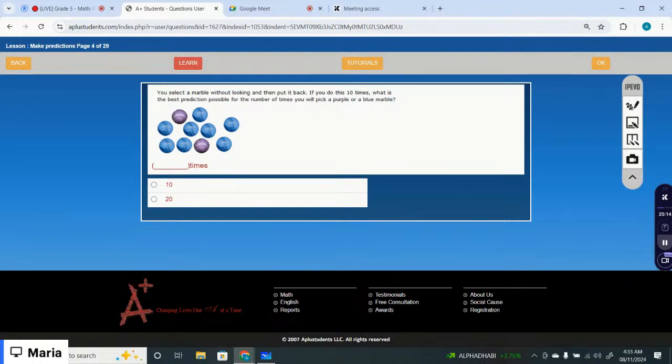You have a total of 10 marbles, right? Purple or blue. So, that means the correct option is 10. 10 out of 10 is 1, and you did that 10 times. So, the correct option is 10.